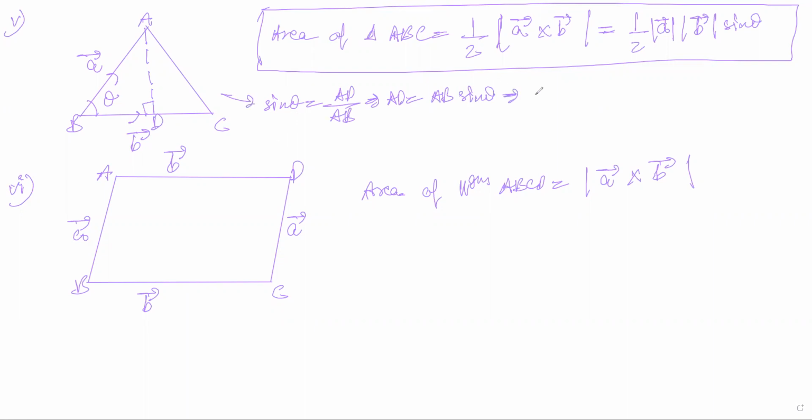AB can be written as the magnitude of AB vector into sine theta, which is nothing but B into sine theta. And similar concept is used in parallelogram as well. Just remember these two concepts, you're good to go: if you know two sides, you can find out the area of a triangle and also the area of a parallelogram.